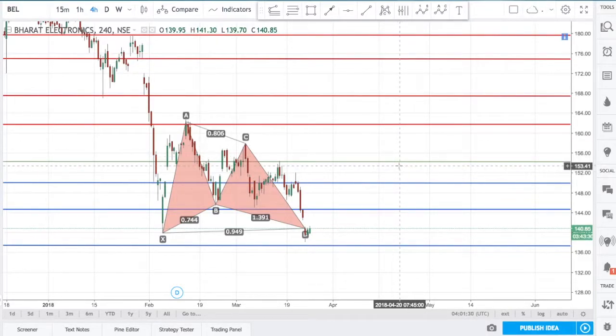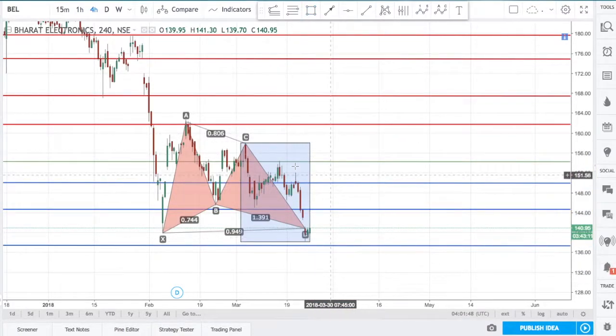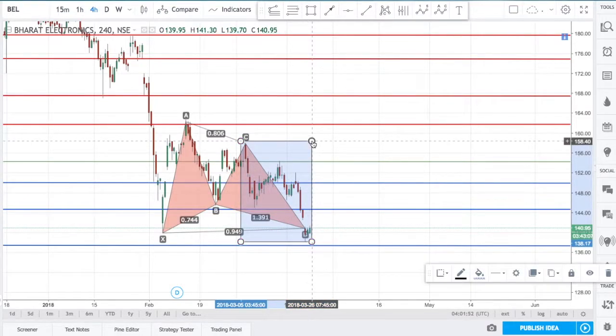As usual, the first one is the ABCD pattern, a very common form of pattern which traders use to trade worldwide. So please focus on this area right here, on this move right here.